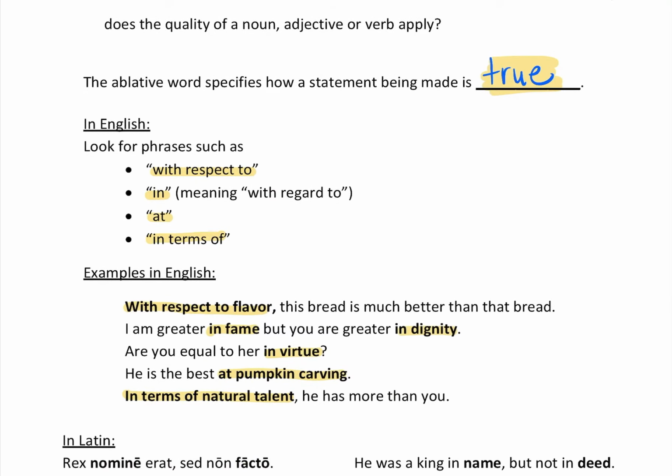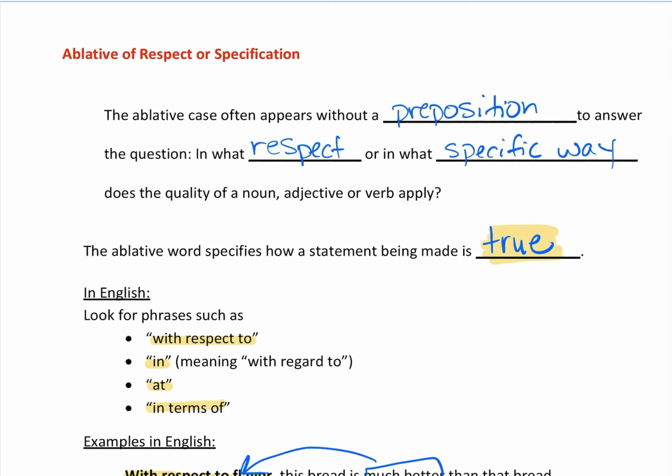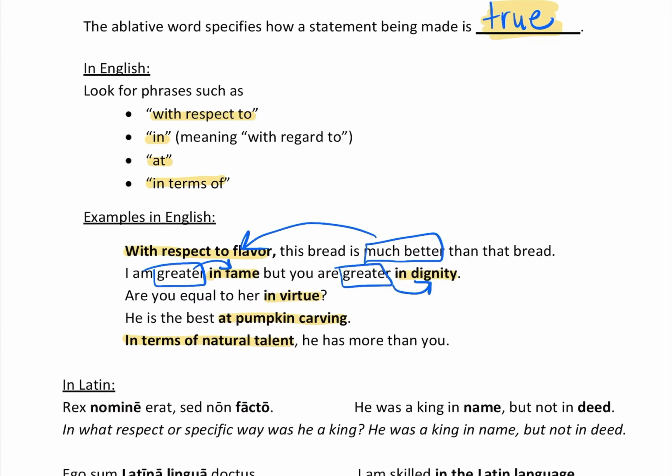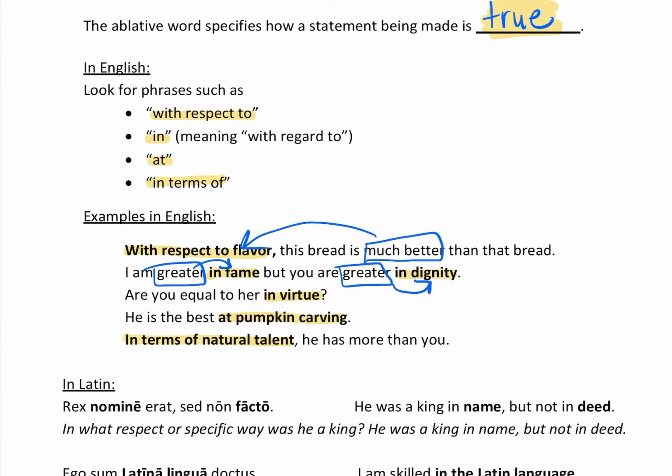How is it much better, right? It's much better with regards to its flavor. How, this is an adjective. How are you greater in fame? How am I greater? I'm greater in fame. How are you greater? You're greater with respect to, right, again, or in what specific way are you greater than me? Well, with dignity. This is a true statement.